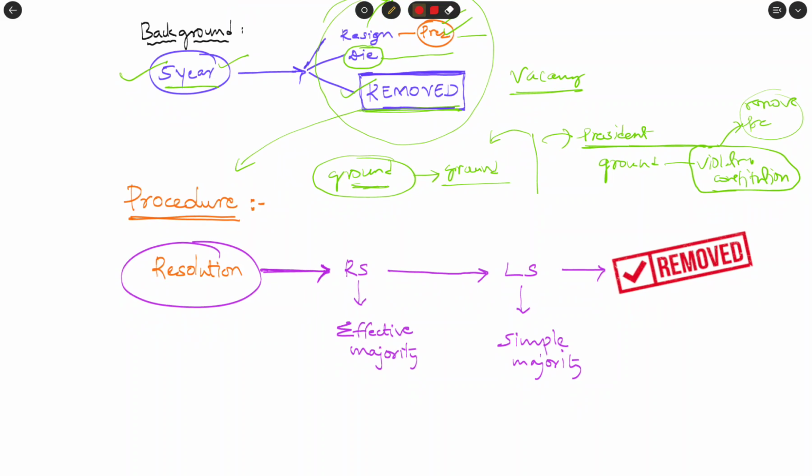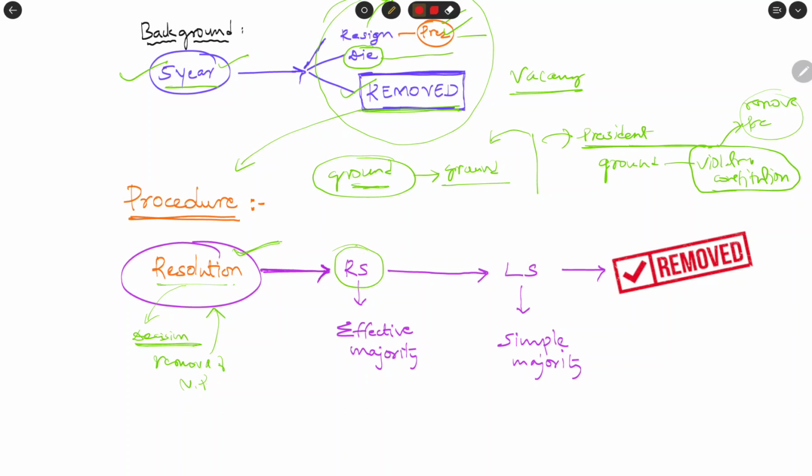What is the procedure? We call it a resolution, meaning a decision. What decision are we making? The removal of the Vice President. That is what we call a resolution. This resolution needs to be started in the Rajya Sabha, very first.